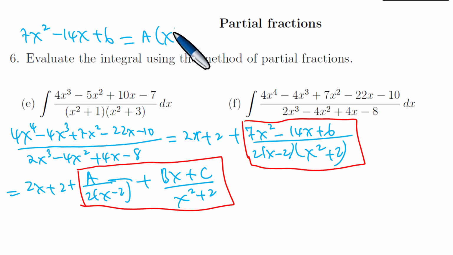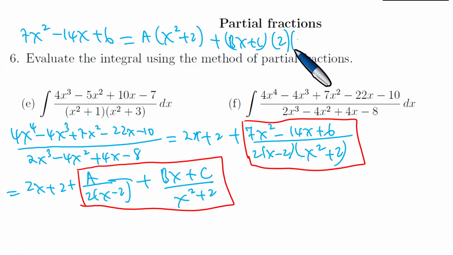A multiplied by x squared plus 2. Bx plus C, so you multiply by the LCD, and the x squared plus 2 is going to cancel, leaving us with 2x minus 2, like that.